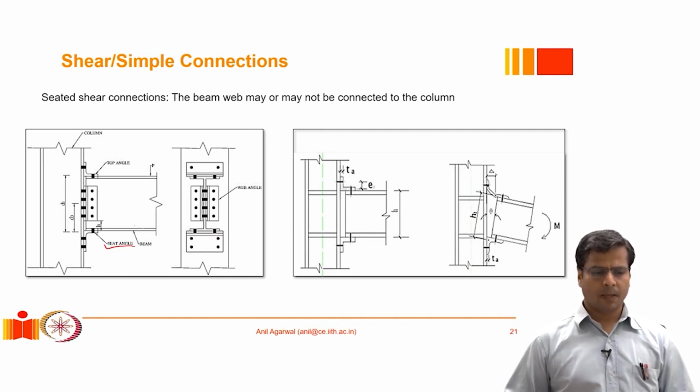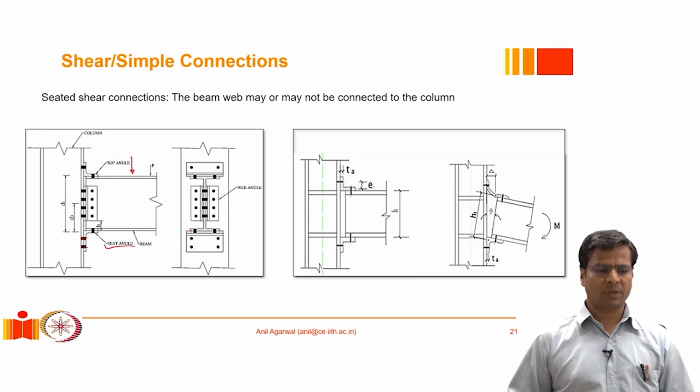Okay. In such a situation, you might notice that the angle is almost the same width as the beam flange, and this leg of the angle could be either bolted or welded to the flange, but typically this angle is not welded to the flange because of the consideration of lowering the beam in place.